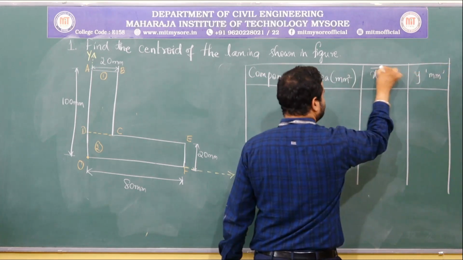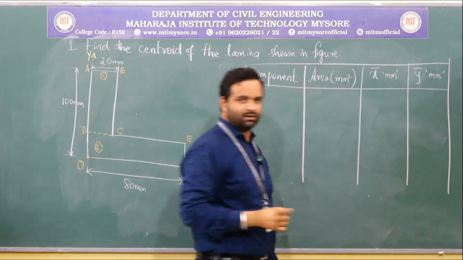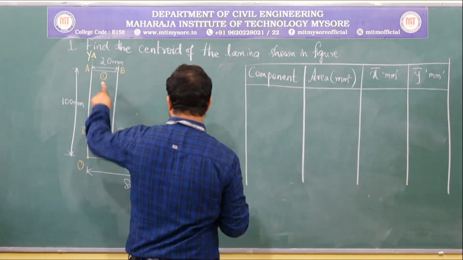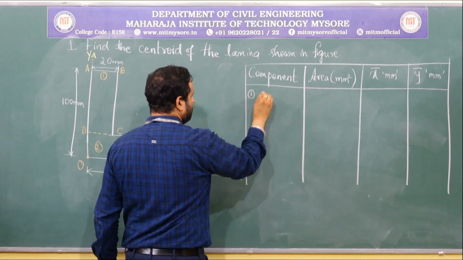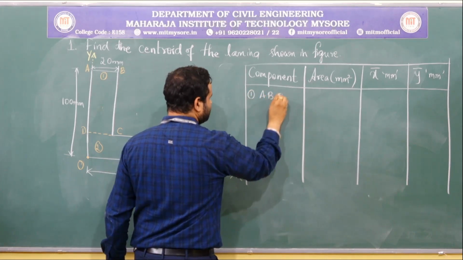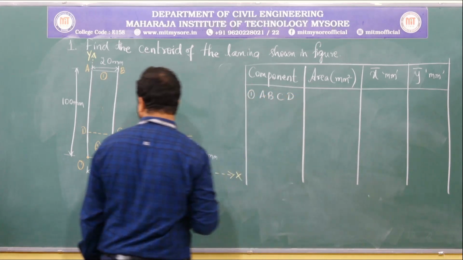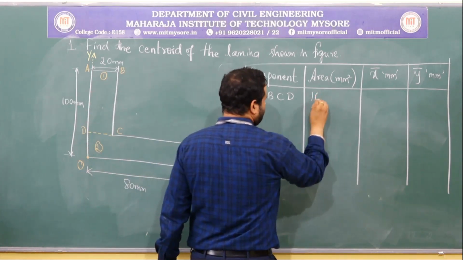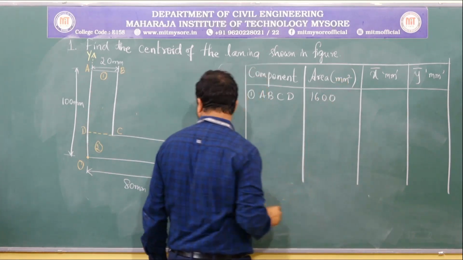So, this is nothing but x bar and y bar of different components. Component 1 is rectangle A, B, C, D. So, what is area? We have already calculated, which is 1600 mm square.